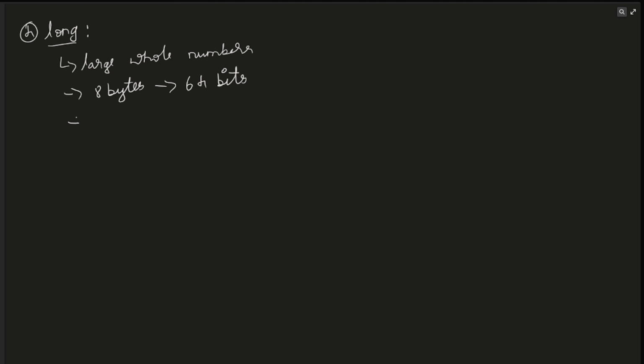Our fourth data type is long, which is used to store very large whole numbers. Size it can hold is up to 8 bytes, that is 64 bits. And whenever we declare a long variable in Java, we will always end with a capital letter L. Long data type is used when integer range or size is not enough.